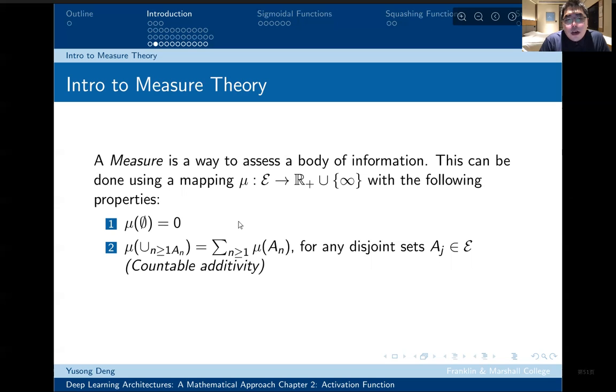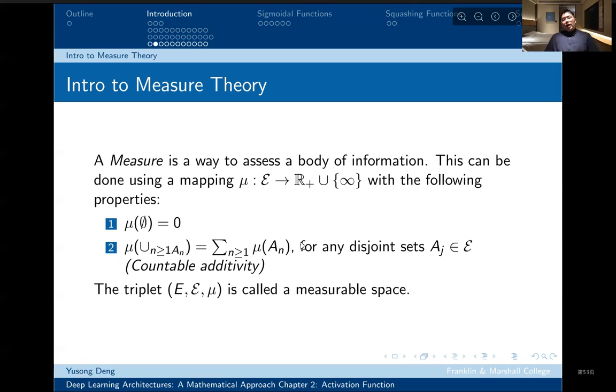And for the union of A_n, the mapping of that union should equal the sum of the mapping on each set, as long as those sets are disjoint from each other. That is what we call countable additivity. All right.